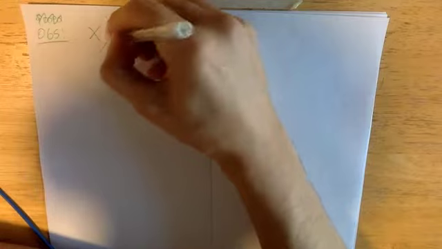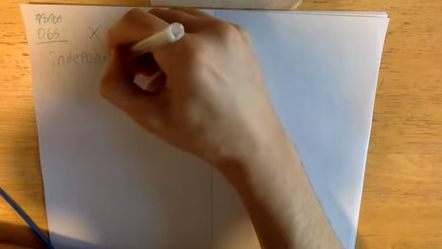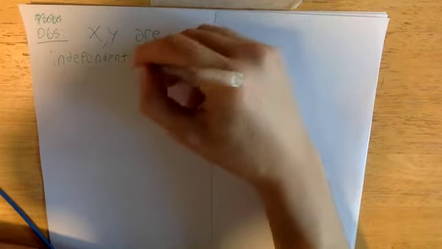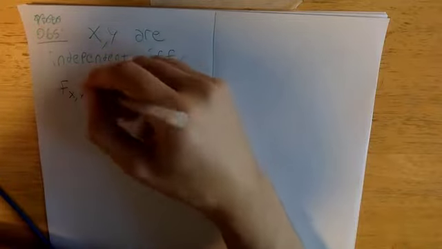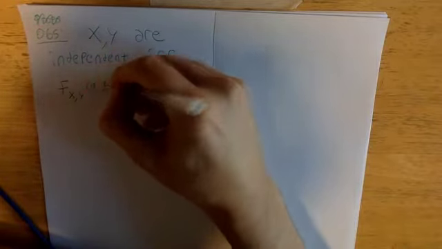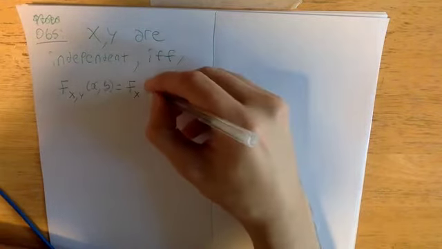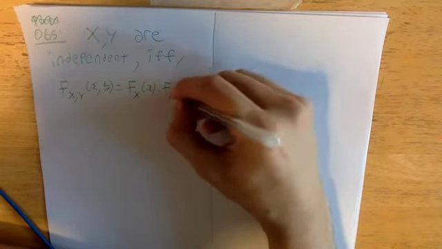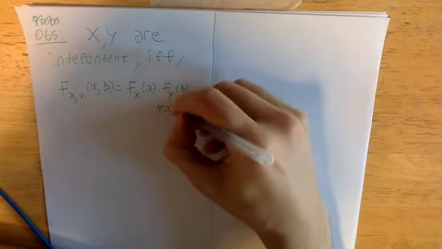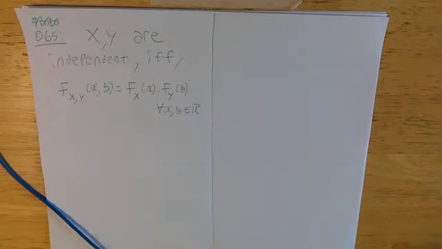X, Y are independent if and only if the joint distribution F_{X,Y}(x,y) is just the product of the distributions F_X(x) times F_Y(y) for every x, y. Now, this is a way of checking independence.